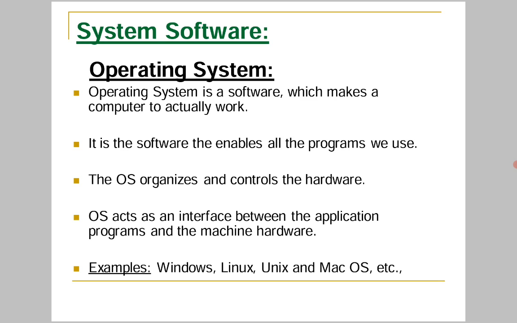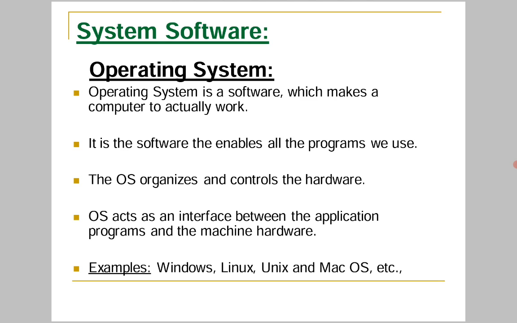It is a collection of programs which is used to run the computer very smoothly, and it is the software that enables all the programs we use. Operating systems are used to run our programs, applications, and software.